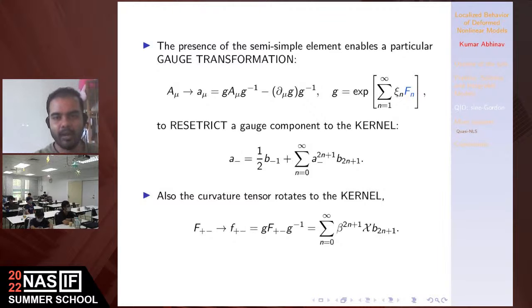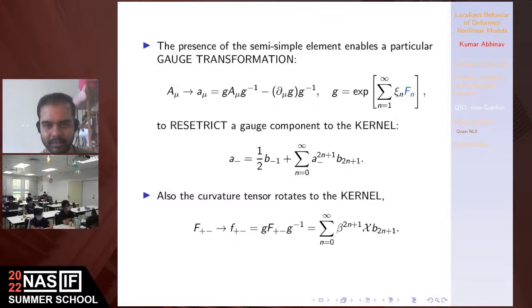So how to do abelianization? I say you do a gauge transformation. Obviously, there is a gauge structure. You can do a gauge transformation because there is a definition of a curvature. So you take these A plus minus generators, which can take values plus and minus, and you do a gauge transformation by defining a gauge operator called G. Standard gauge operators are defined as exponential of something, but it is a combination of only F operators, which are the image operators.